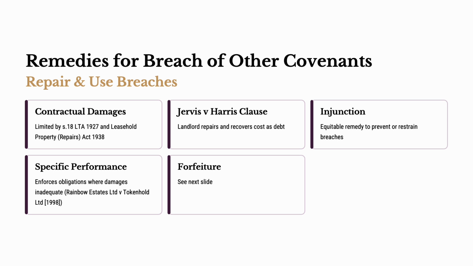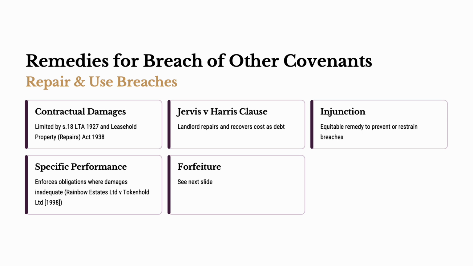For repair breaches, Section 18 of Landlord and Tenant Act 1927 limits damages to the diminution in the reversion's value. So Leasehold Property Act 1938 provides additional tenant protection for certain repair breaches, requiring landlord to follow specific procedure. For example, Jervis v Harris clauses.